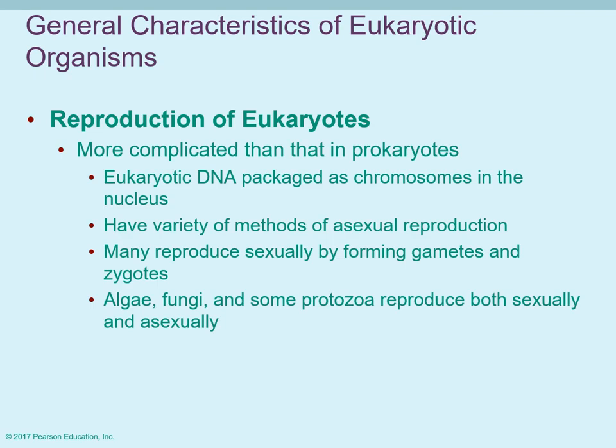There are a variety of asexual reproductive methods that can occur depending on what species you're looking at. Many will reproduce sexually by forming gametes, which are the sex cells, and then zygotes. And then you've got some of your eukaryotic organisms, like some of the algae, some fungi, and a few of the protozoans. They can reproduce both sexually or asexually.